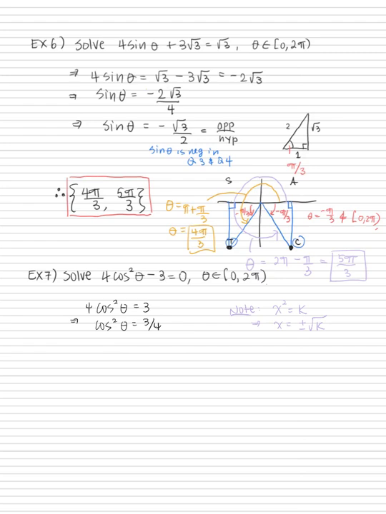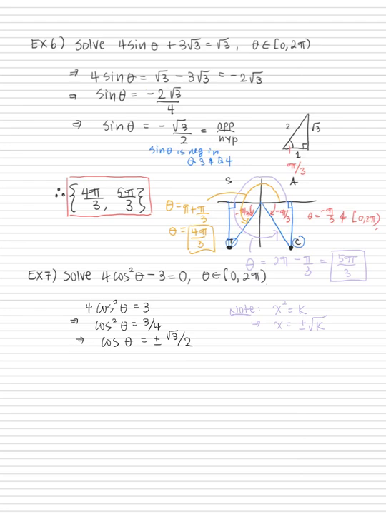So with that said, if you take the square root on the cosine squared, we're going to get cosine of theta is plus or minus square root of 3 over square root of 4, which is 2. So we're going to have to get all the values where the cosine is positive and also negative. So we're going to have to take a look at all 4 quadrants for this problem. But anyways, what will be the angle theta here for the reference angle?